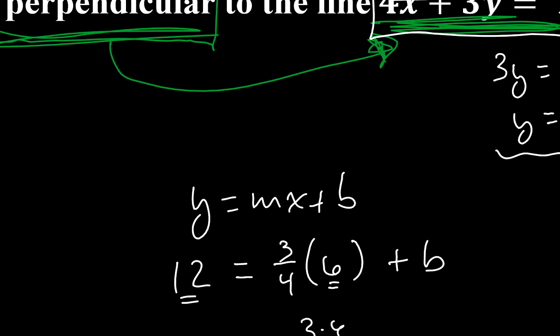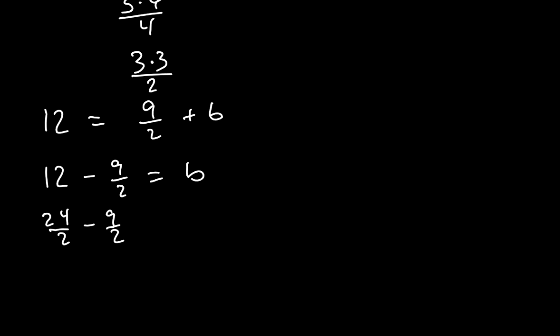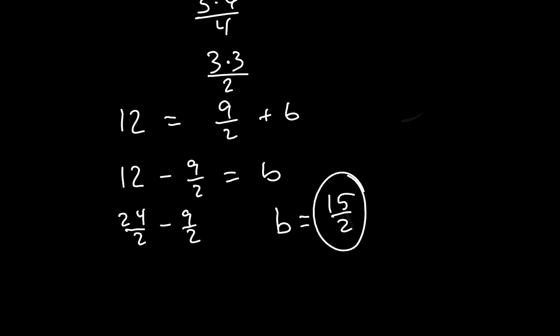So b would have to equal 15/2. I know my y-intercept is at 15/2, which is 7.5, and my slope is again positive 3/4. So I'm ready to write the answer.